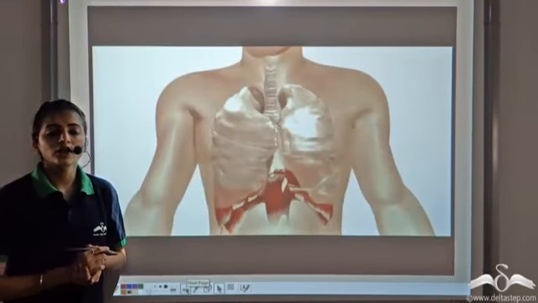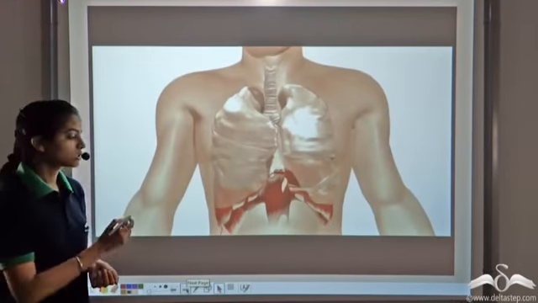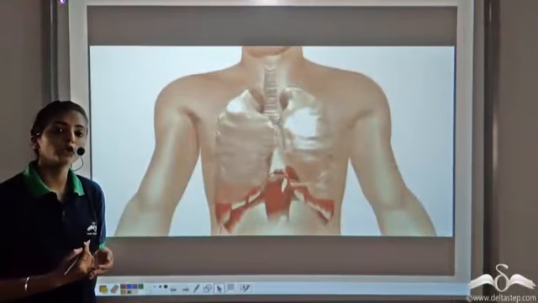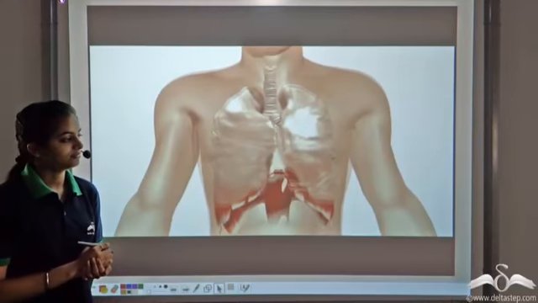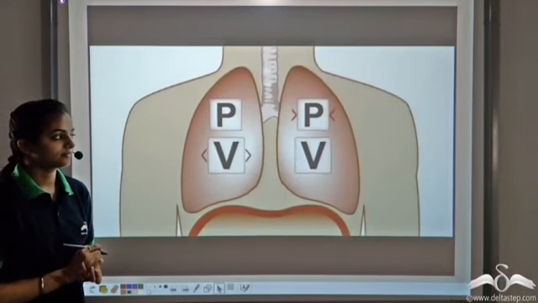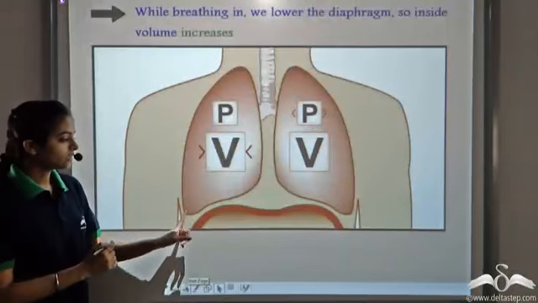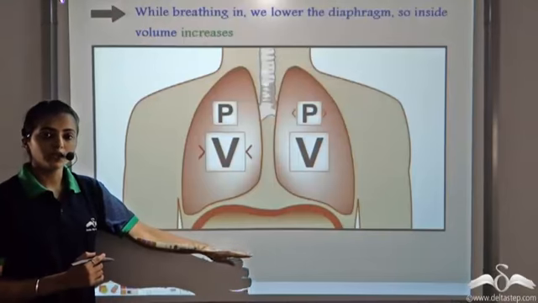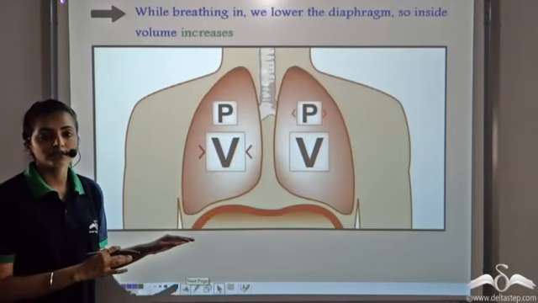You use Boyle's law even when you are breathing. So while breathing, there is a relationship between the volume and the pressure. While breathing in, we lower the diaphragm. When we lower the diaphragm, the volume inside increases.